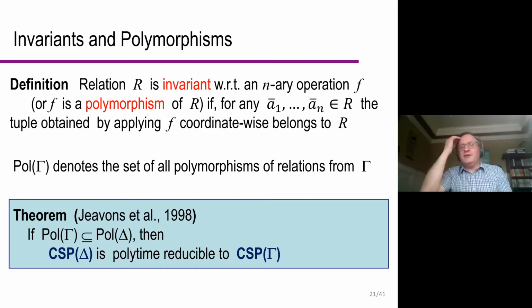So in a sense, polymorphisms rule the complexity of constraint satisfaction. Right? The only thing I need to know in order to figure out what the complexity of CSP of gamma is is to know the set of its polymorphisms. This is why it's important, and this is why we are going to use it to some extent.